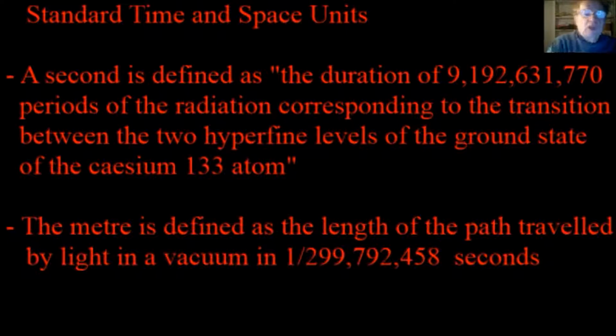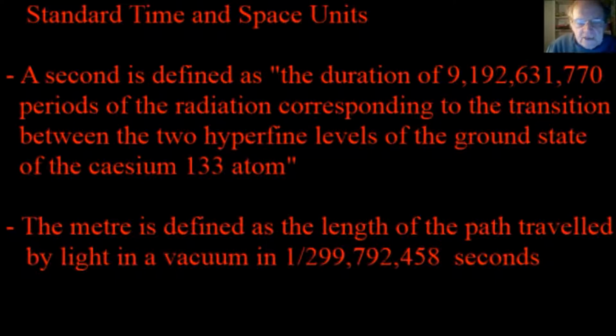Okay, that's the main topic of this talk, Einsteinian synchronization. But there's a related topic. It's by no means anywhere near as important, but it makes sense to cover it now. We're going to look at the standards for time and space units.